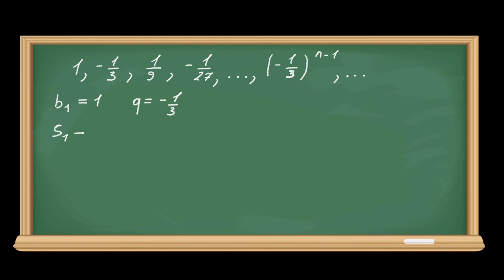The sum of the first term is 1, the sum of the first two terms is 2 over 3, and the sum of the first three terms is 7 over 9. Now let's find the formula for the sum of n terms.